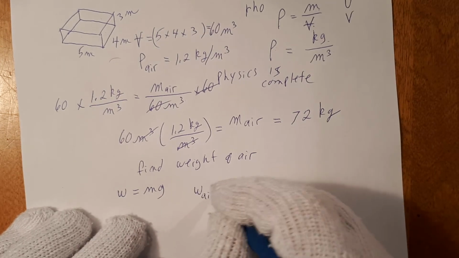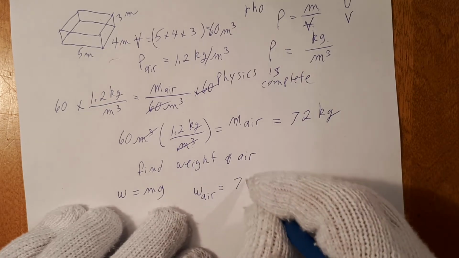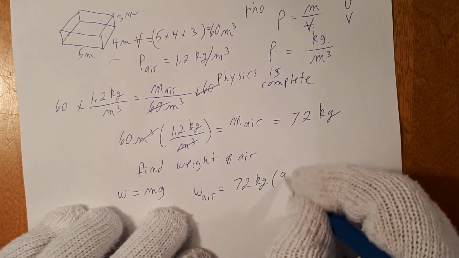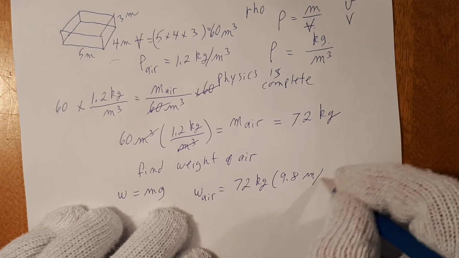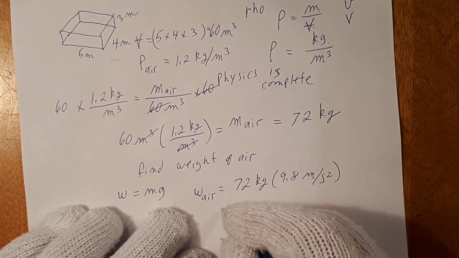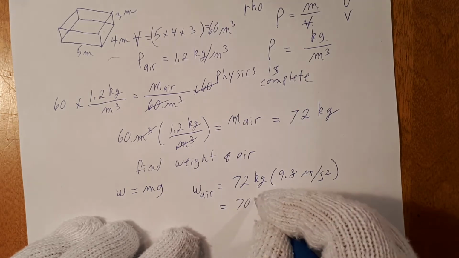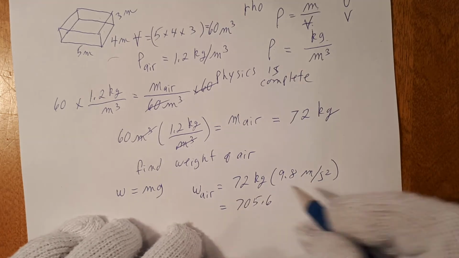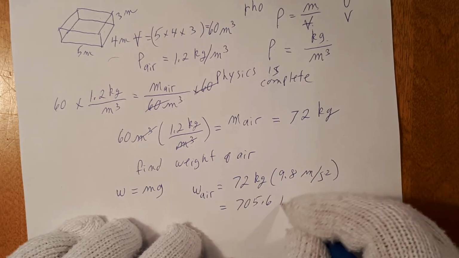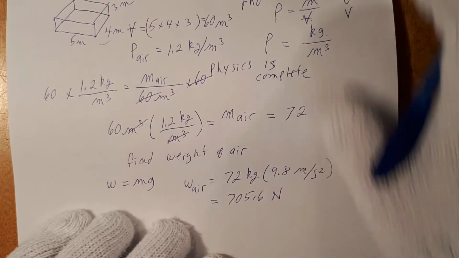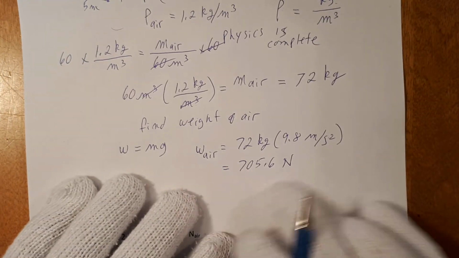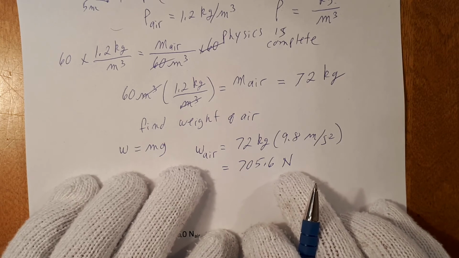Weight of the air is equal to 72 kilograms times 9.8 meters per second squared. And that comes to 705.6. And kilogram meters per second squared has the unit of a Newton. And weight is a force, and all forces have the unit of a Newton.